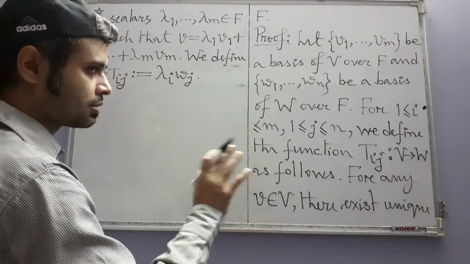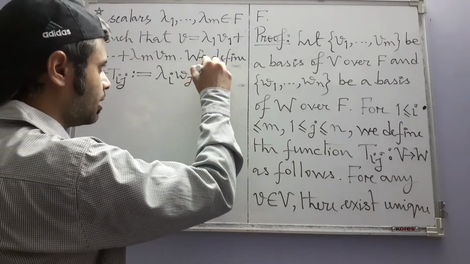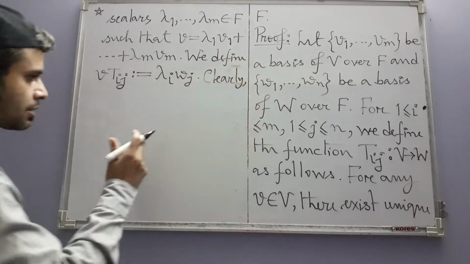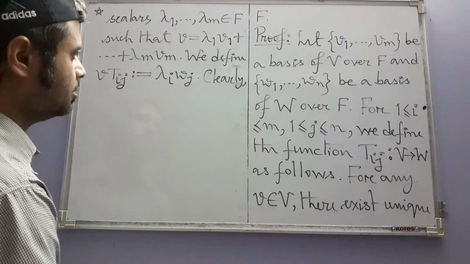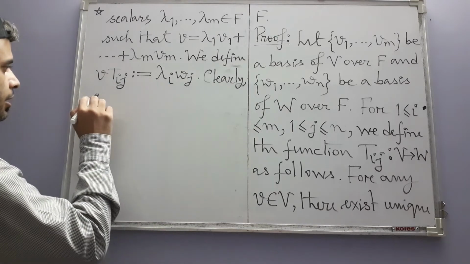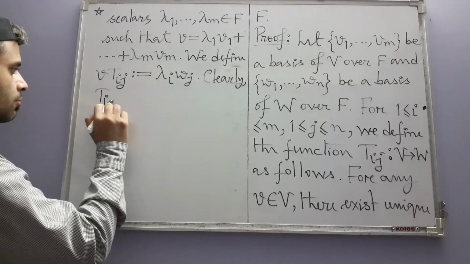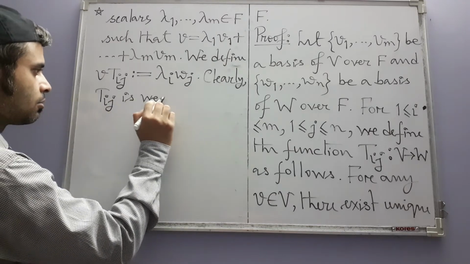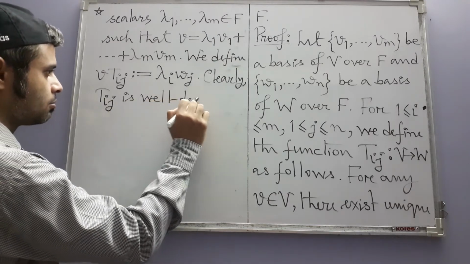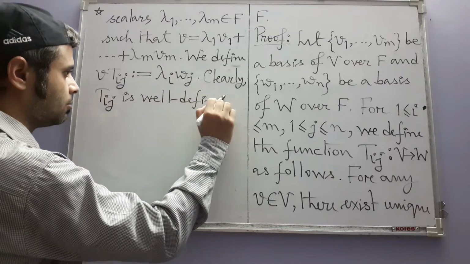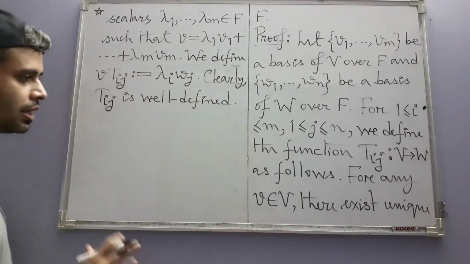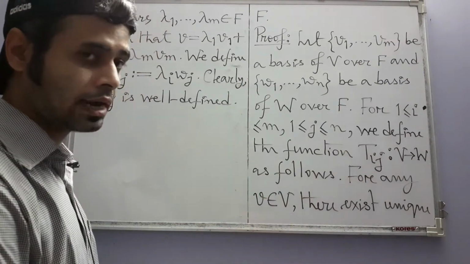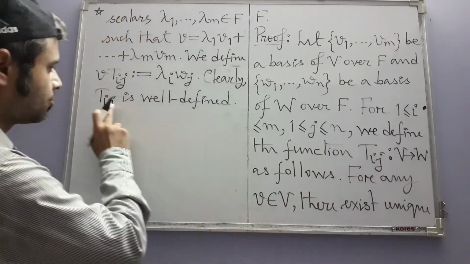So instead of saying all these things, we just simply write, clearly, because these things are also easy to see, clearly, Tij is well defined. Actually, we are saying this for all the variations of i and j at once, but we are not going to mention that.